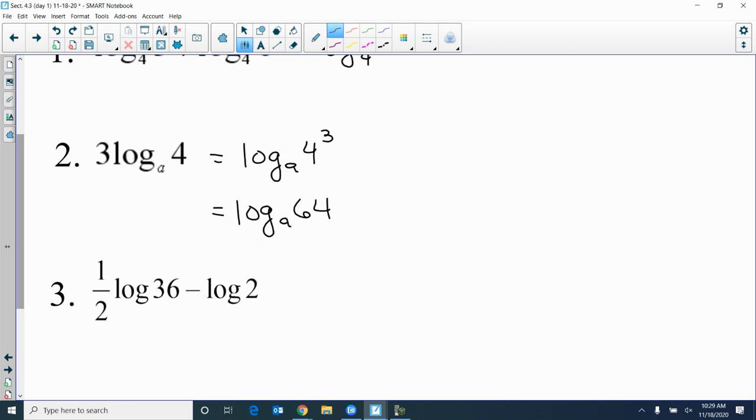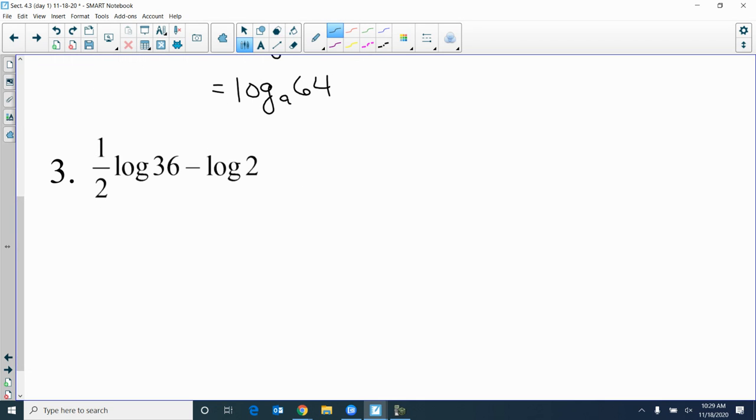All right, now this third one has a few more steps to it. The 1/2, that's a constant out in front. Any constant out in front goes in as an exponent. So this becomes log of 36 to the 1/2. So this is kind of the reverse of the power property, because you can take a power and put it out in front.